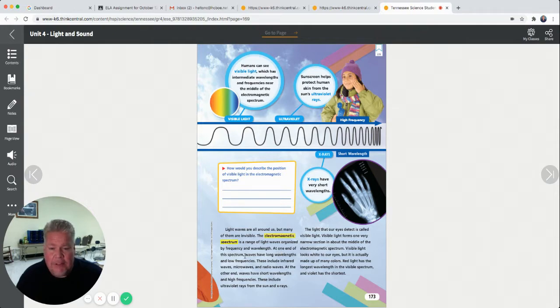At one end of the spectrum, waves have long wavelengths and low frequencies. So that would be long wavelengths and not many waves per minute. These include infrared waves, microwaves, and radio waves. At the other end, waves have short wavelengths and high frequencies, so not very far from here to here.